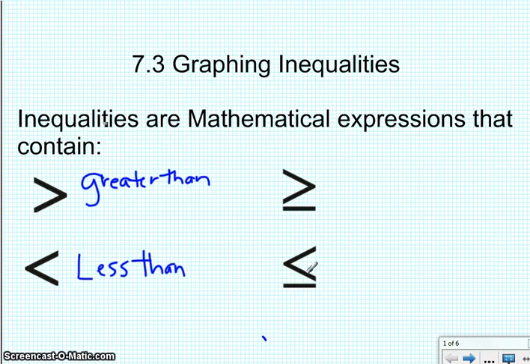Now these other two may be a little bit newer to some of you. This one means greater than or equal to. What that means is that whatever is on this side is greater than whatever's on this side, but it could also be true if it was equal to what is on this side. So this is greater than or equal to.